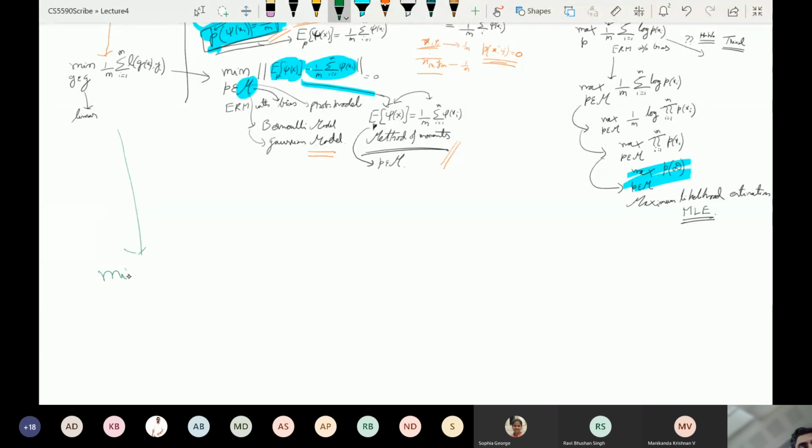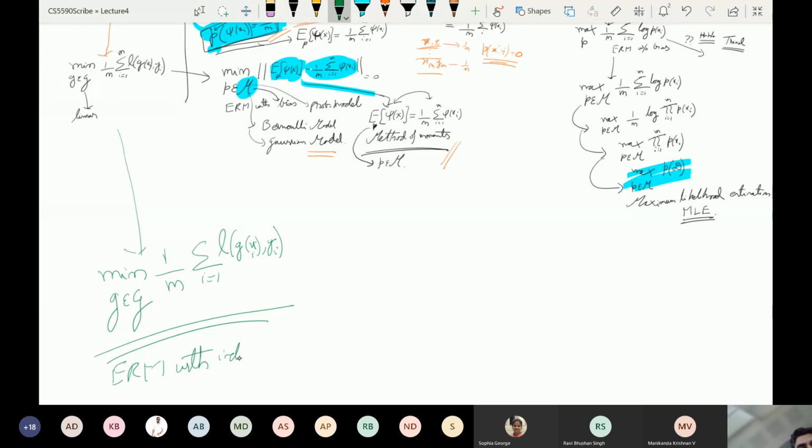One method is empirical risk minimization with inductive bias, which looks like this. I'm writing all these things in a bigger font so that you can stare at them individually. This is ERM with inductive bias, non-probabilistic modeling. Then there is generative or discriminative, basically probabilistic modeling.